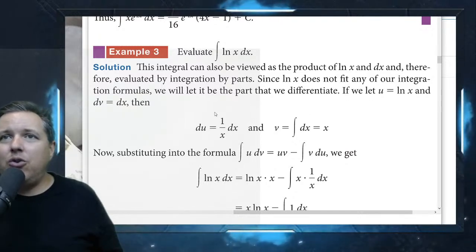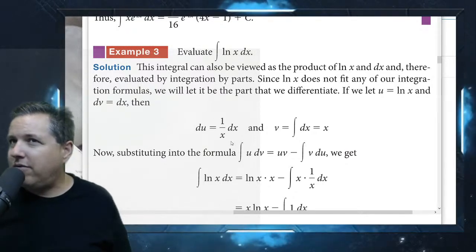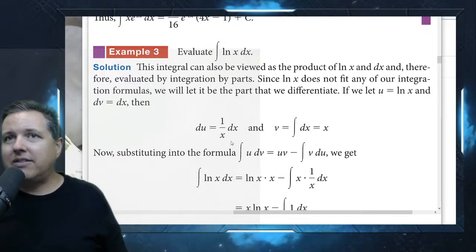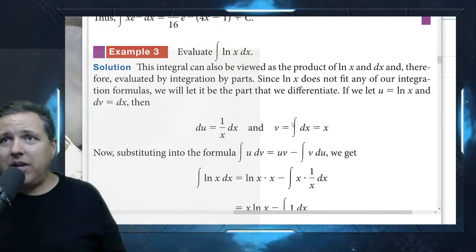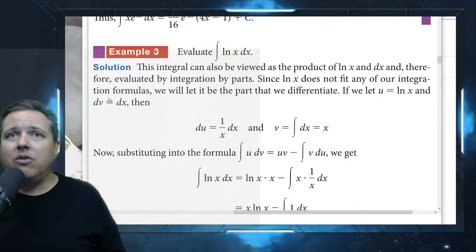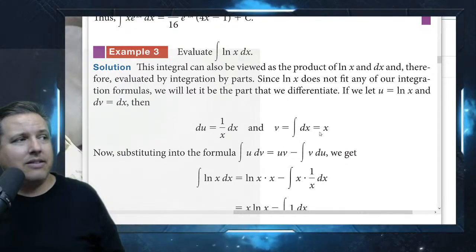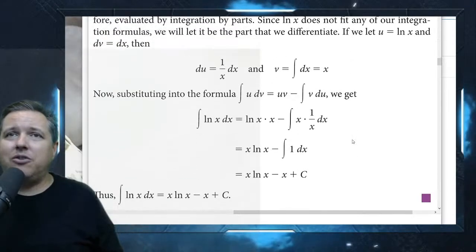Well, then du is going to be 1/x dx, because the derivative of natural log of x is 1/x dx. And then if we take dv equal to dx and integrate both sides, v is equal to the integral of dx, well, that's just x, right? So this one's actually pretty simple to plug everything into.